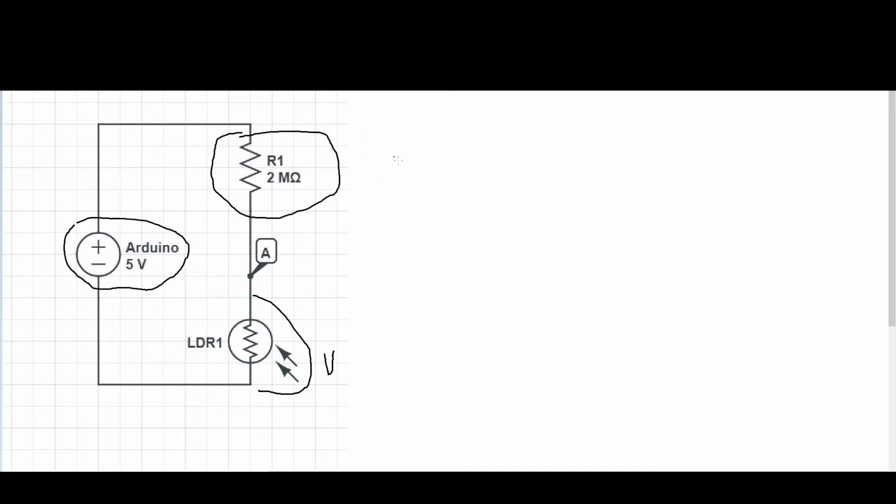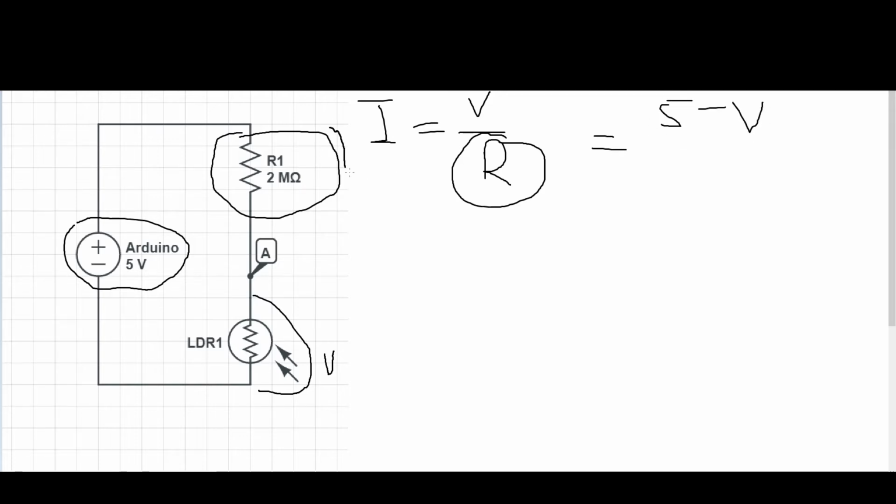We know that I is equal to V over R for the entire circuit, and R is the value that we're trying to find, the resistance of the photoresistor. So V over R is also equal to 5 minus V, because we can also consider this voltage, which would be 5 minus V since it adds up to 5, divided by 2 mega ohms. I'll just write 2M. So now let's multiply everything together.